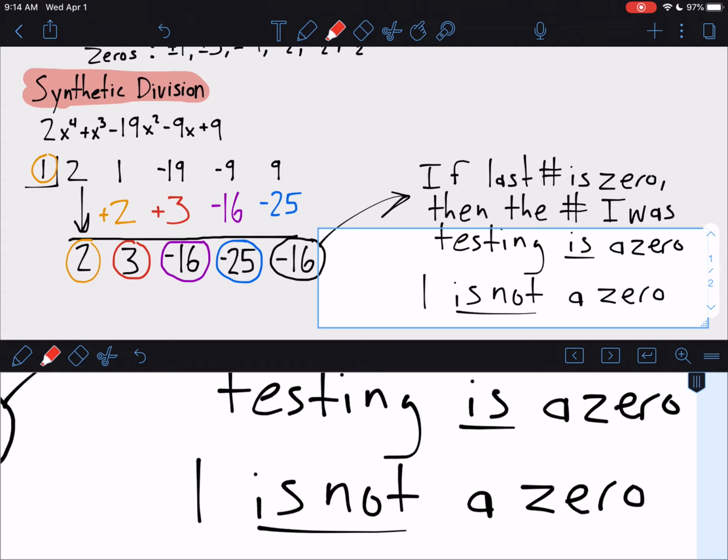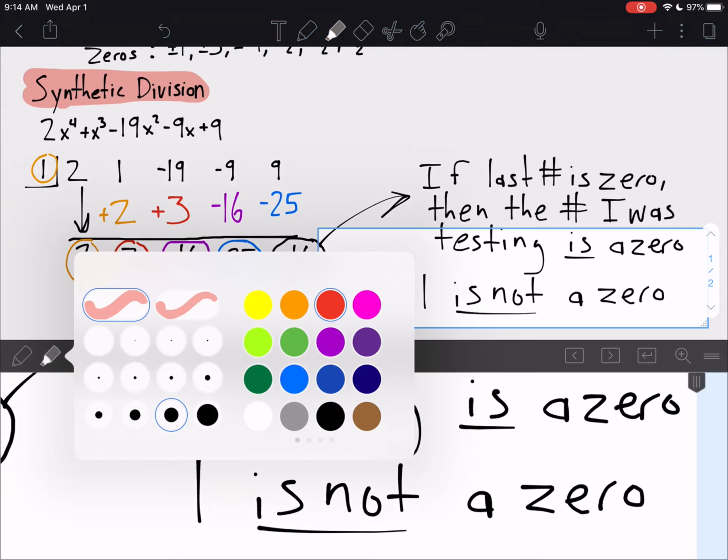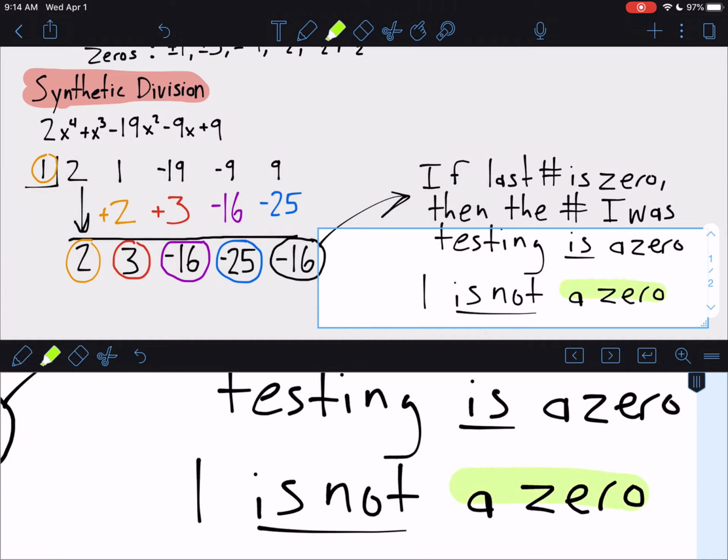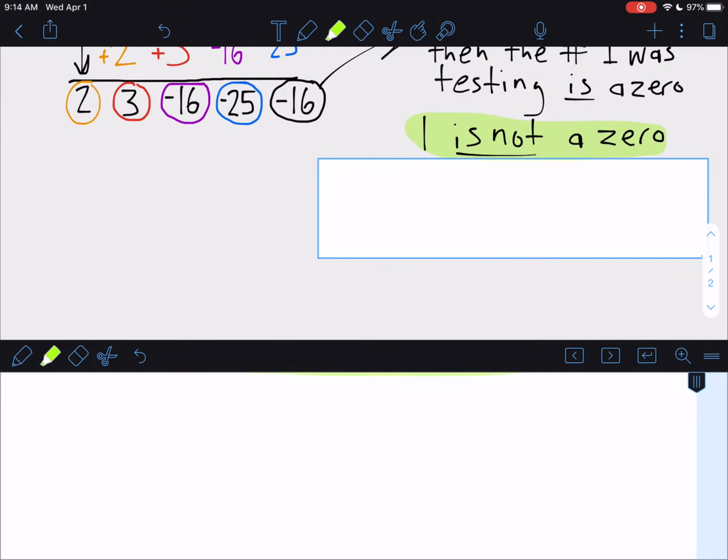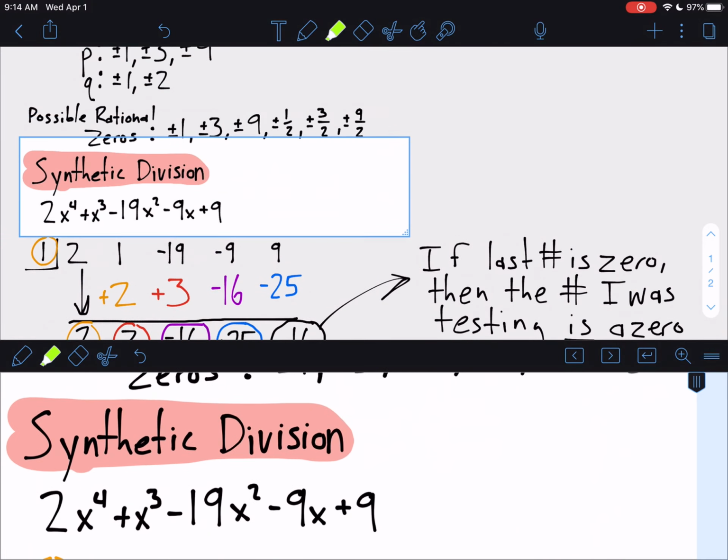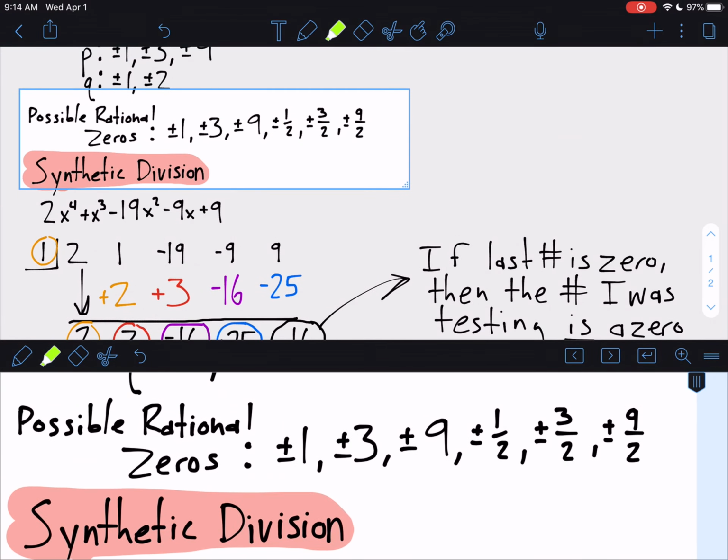And I'll even go ahead and highlight that. All right, so the next thing I want to do is go back to my list of possible rational zeros because I tested positive 1, it didn't work.